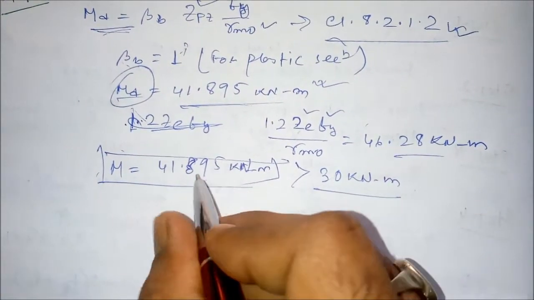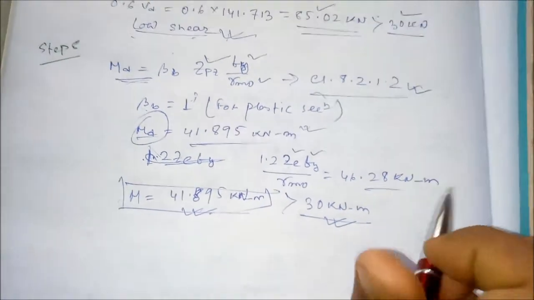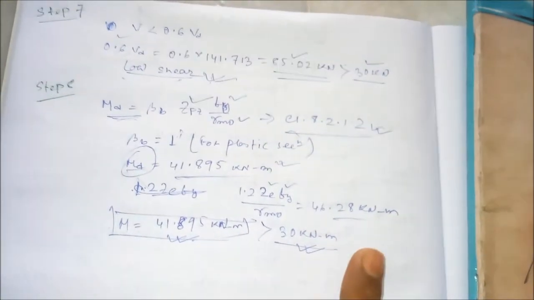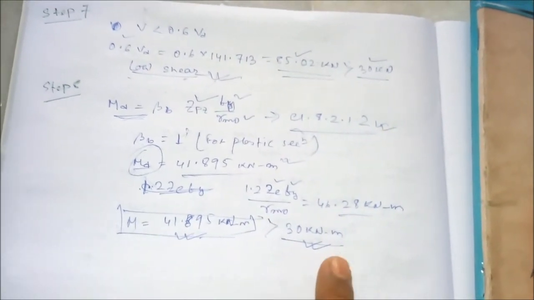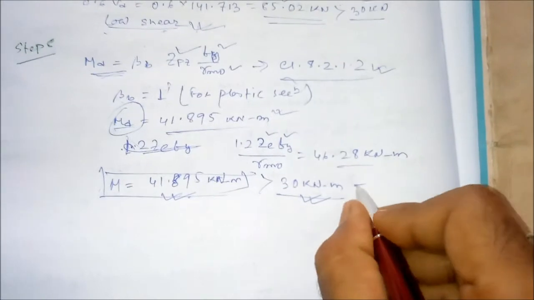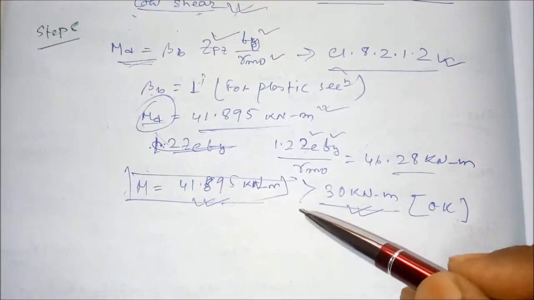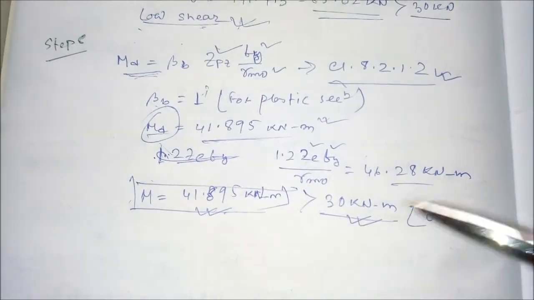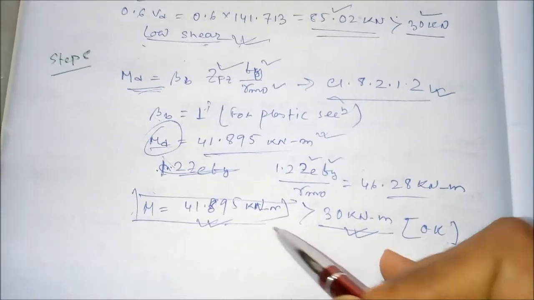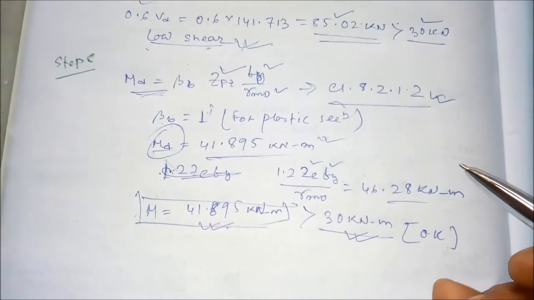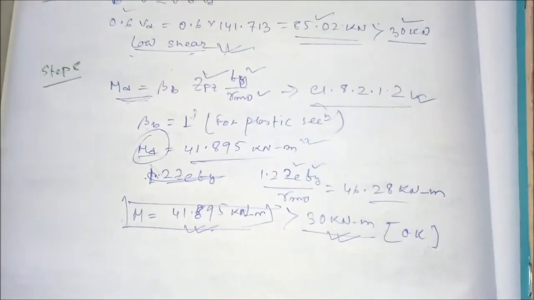Yes, so our design bending strength is greater than the design bending moment occurring or generated due to the load. So we can say this section is okay. Till now it is okay. If this section satisfied the previous check but not this one, again you have to choose a new section and do all the parts.